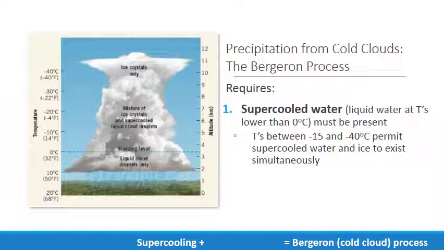Between minus 15 and minus 40, most clouds consist of supercooled droplets that coexist with ice crystals. And at temperatures colder than minus 40, clouds are composed entirely of ice crystals, and they start to get that wispy look to them. For example, the tops of towering cumulonimbus clouds, like the one in this diagram here, have those wispy high-altitude cirrus clouds. Those are all the ice crystals from the top part of the cloud.